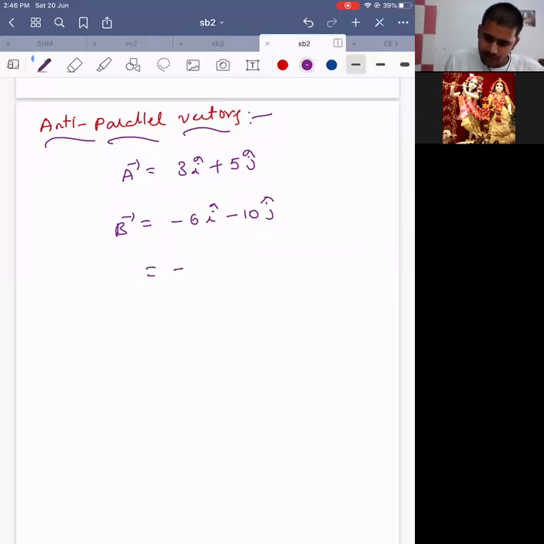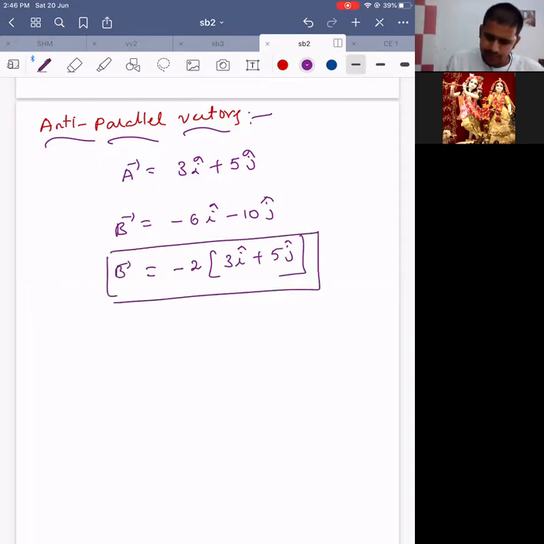If you take minus 2 as a common factor, we get 3 i cap plus 5 j cap. Plus i cap plus j cap is in the first quadrant, while minus i cap minus j cap is in the third quadrant.